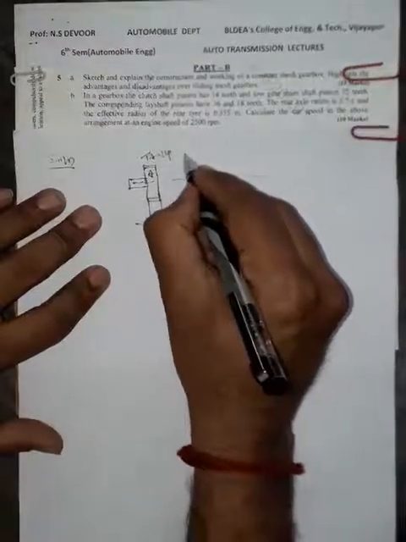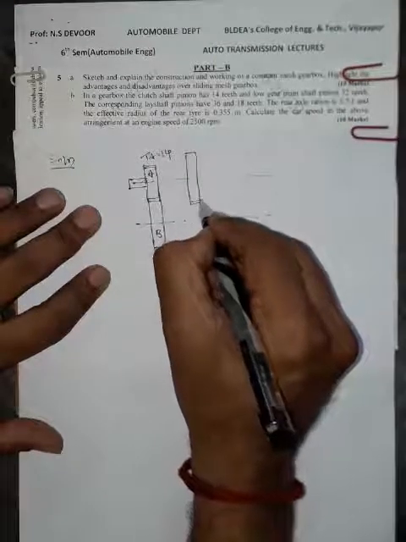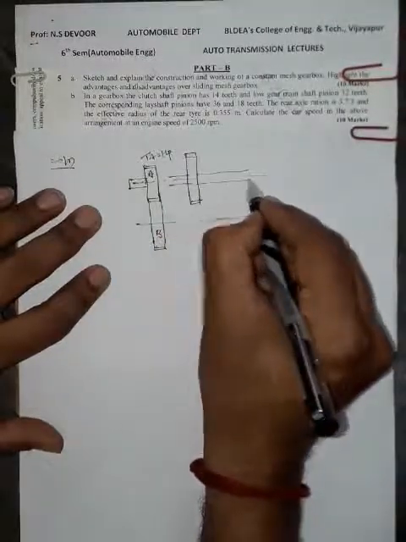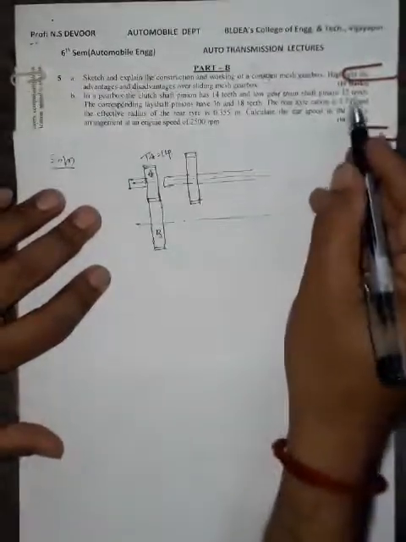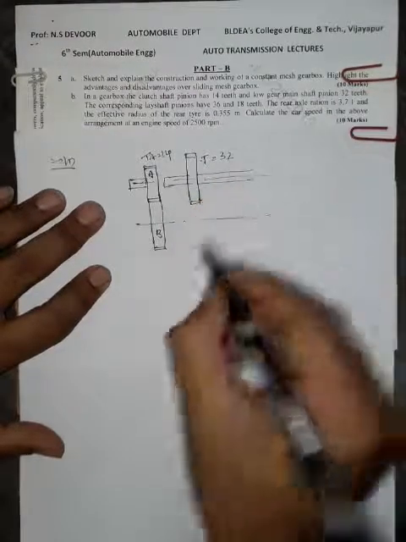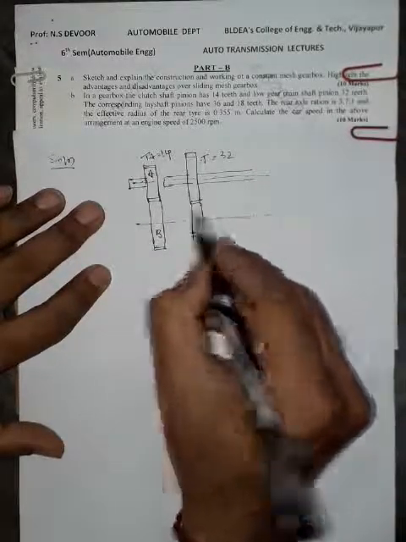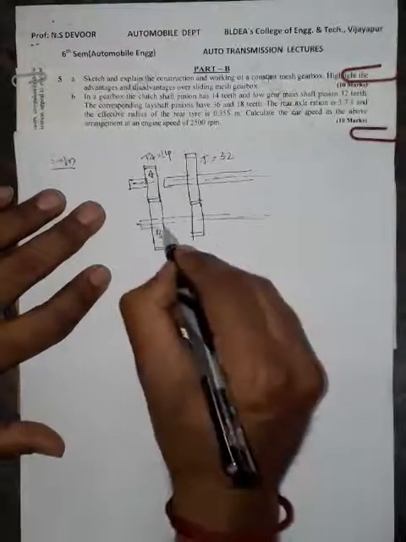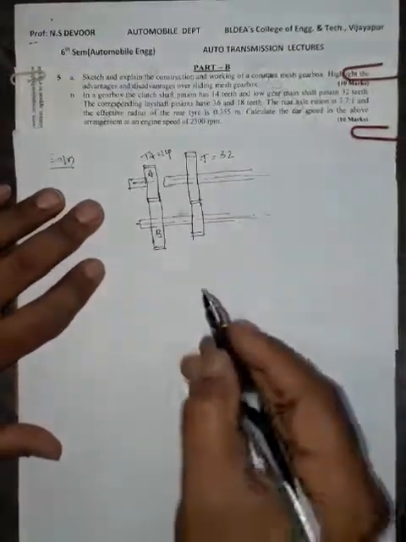Let us consider this is the main shaft and this is the lay shaft. The gears of the lay shaft are permanently fixed, whereas here it is the sliding type, in the case of a sliding mesh gearbox.